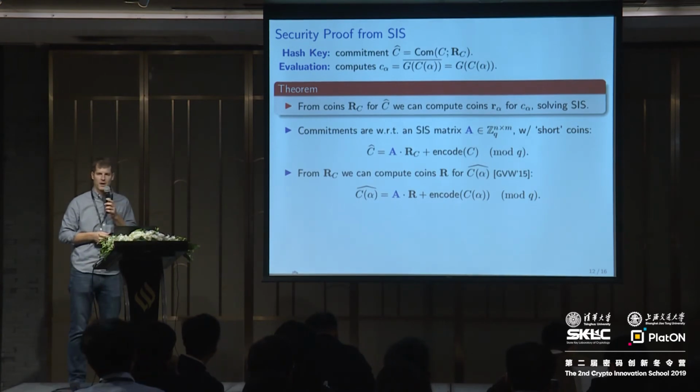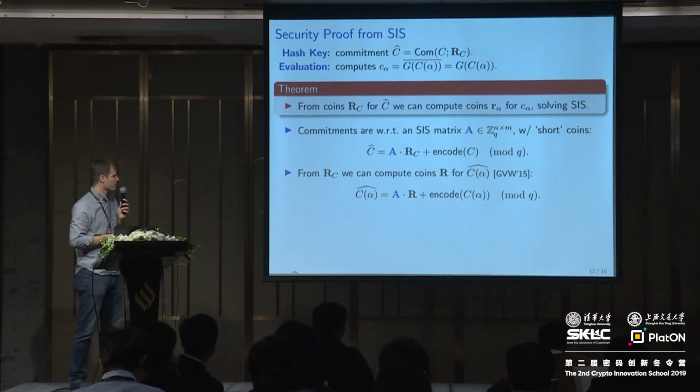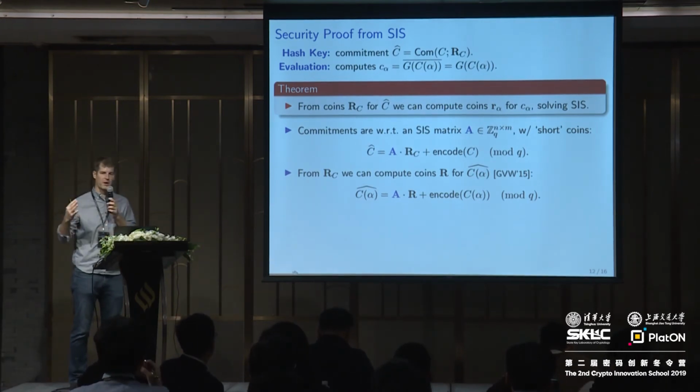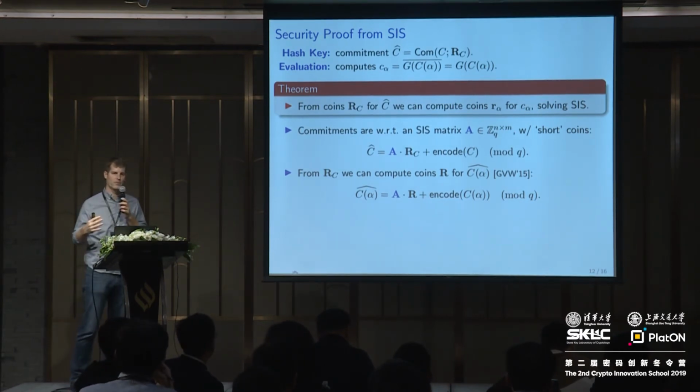Now, as Kotek taught you yesterday, when we do the homomorphic evaluation on C hat, there is a corresponding manipulation of the random coins that occurs.